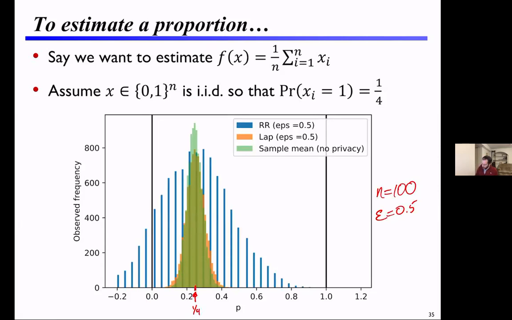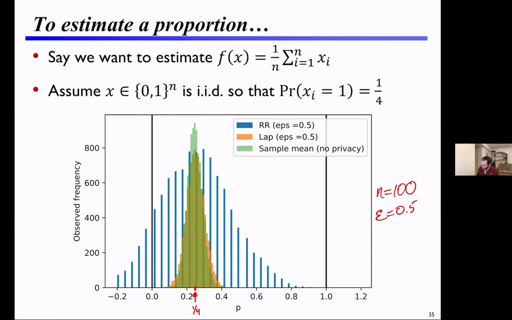The green distribution is the distribution of the regular sample mean. The orange distribution is the distribution of the sample mean plus Laplace noise, and you'll see it's very similar. It's not quite as tightly concentrated as the green distribution, but only a hair wider.